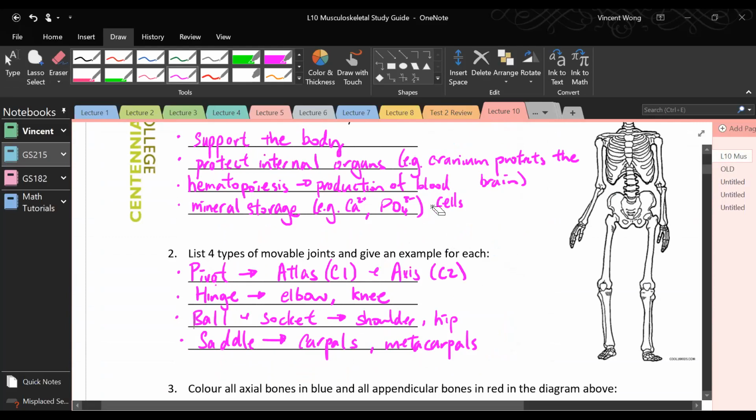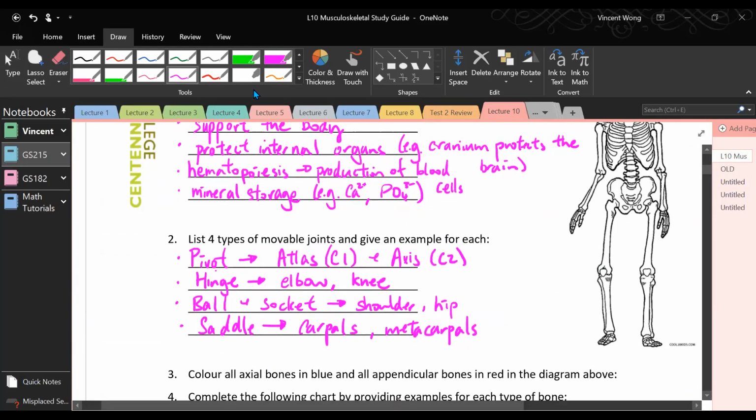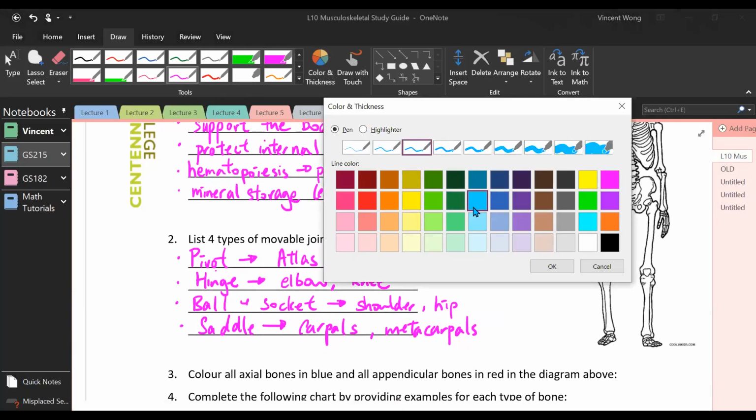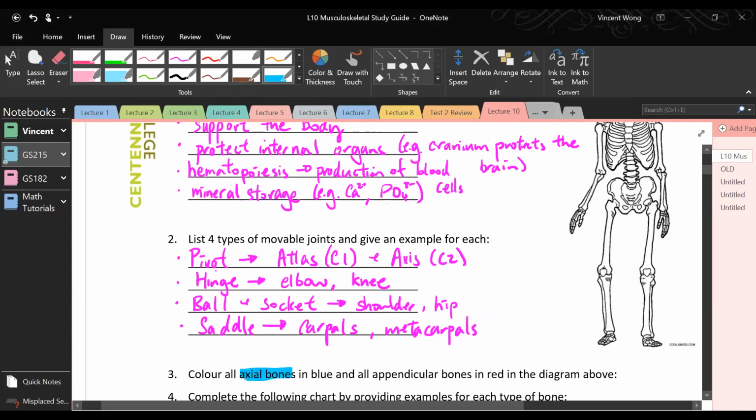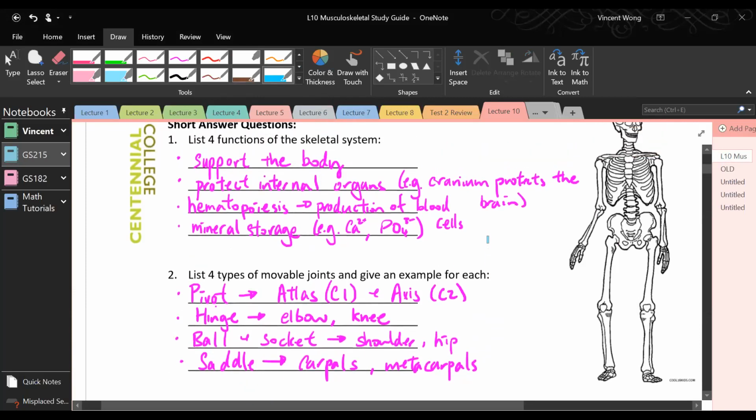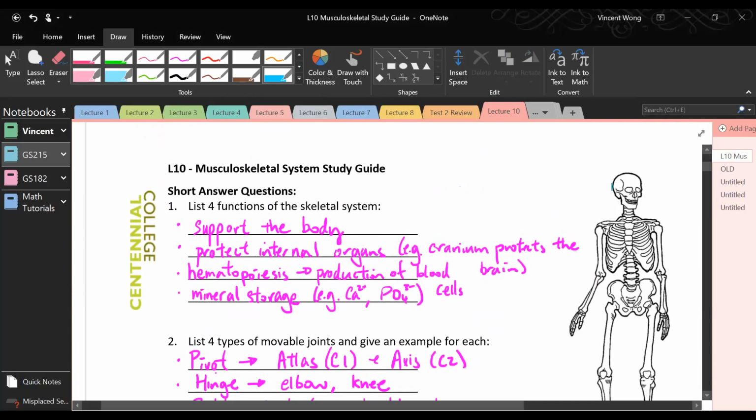Next question, color all axial bones in blue and all appendicular bones in red. So axial bones are the bones that kind of form the core of your skeleton. Okay? And appendicular is everything that kind of hangs on it. So axial includes everything in the skull.